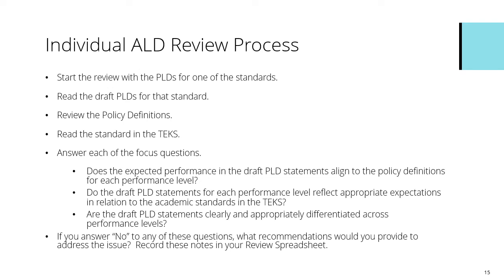The first focus question asks, does the expected performance in the draft PLD statements align to the policy definitions for each performance level? Answer yes or no for each performance level. If you answered no for any of the performance levels, take some notes about some recommendations for edits to address this issue. Then read the standard in the TEKS.